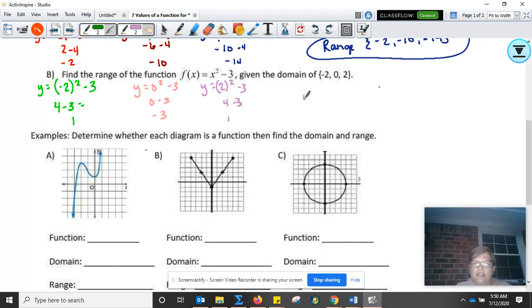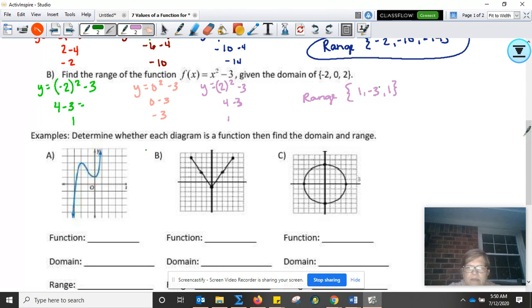So your range is going to be 1, negative 3, and 1. Okay? All right. So remember, if you have any questions, be sure to write them down.